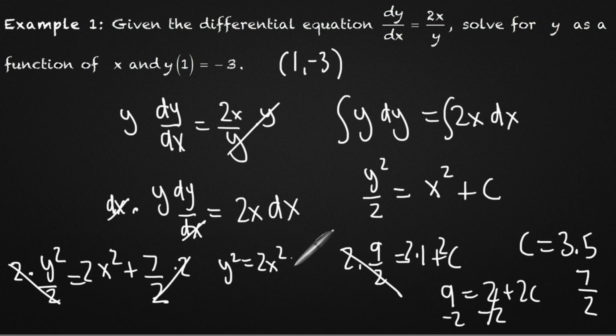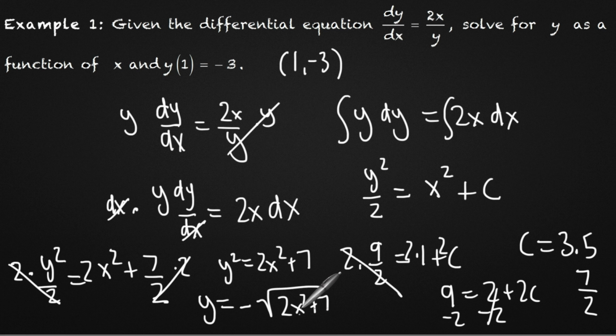I'm going to take the square root of both sides, and technically I would need to put a plus or minus in front of this, but we have to choose which one it is. And notice that when x is 1, y must be negative 3. So therefore, I need to put a negative out in front of this square root so that when I plug in a 1, I get negative 3.